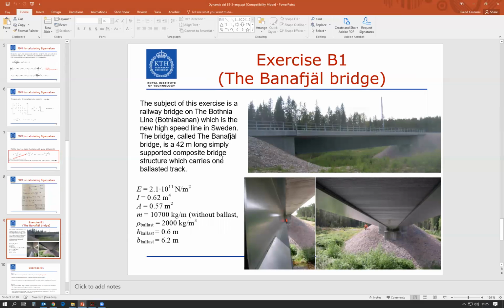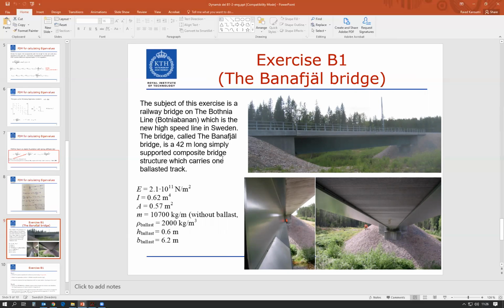Okay. So for the exercises B1 to B4, you will be working on this bridge, which is a bridge built in 2005 on the Bothnia Line. It looks very simple, but the behavior of this bridge is actually very complicated, even though it's a simply supported bridge.